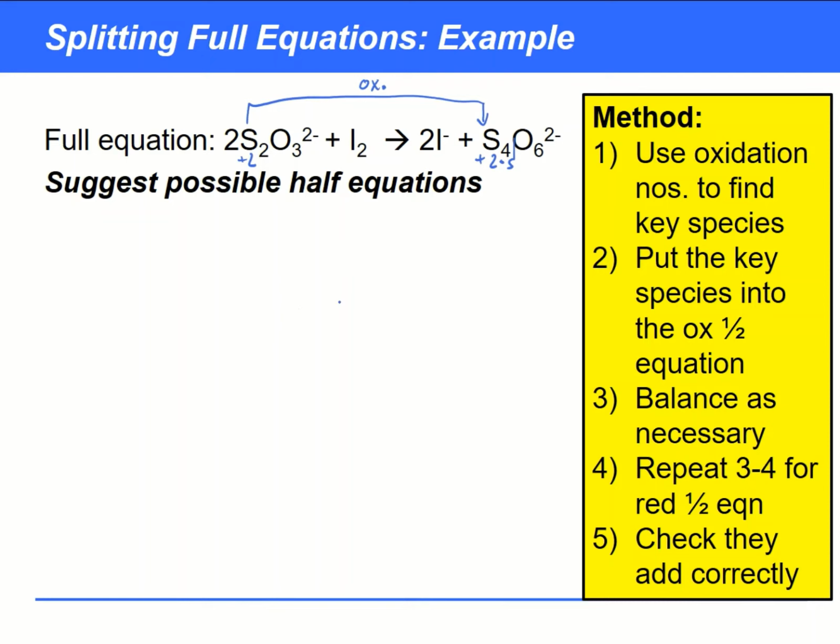Sulfur's being oxidized. So if I do oxidation here, I'm now on to step 2. The key species are going to go into the oxidation half equation. So that is thiosulfate and thiocyanate. And remember from the previous time, the balancing numbers should be the same as in the full equation.